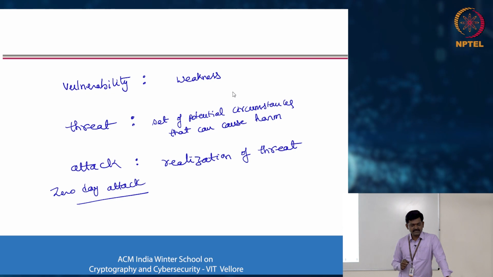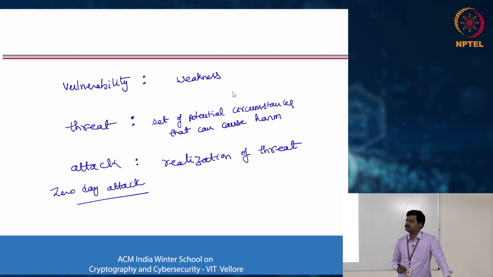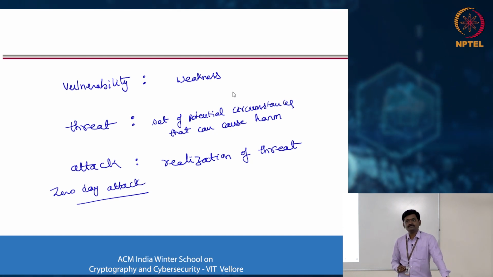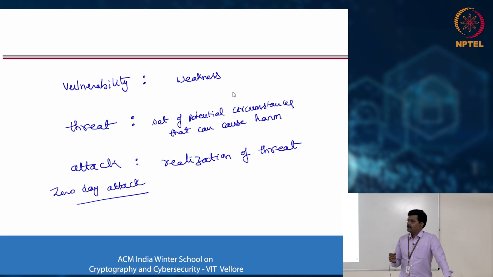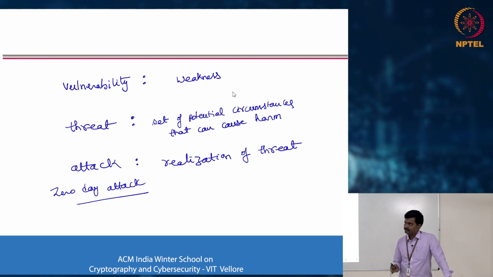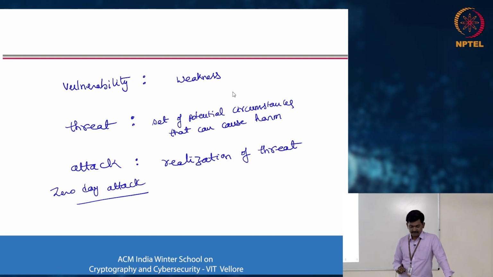So vulnerability is the weakness in the system. Threat would always be there. Attack is the realization of the threat. So what is security about? Decreasing the weakness?